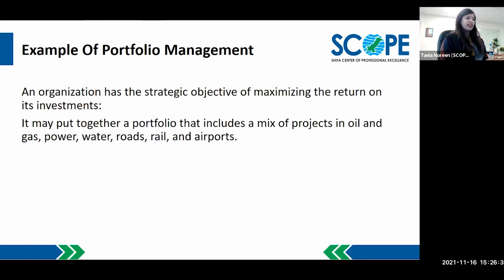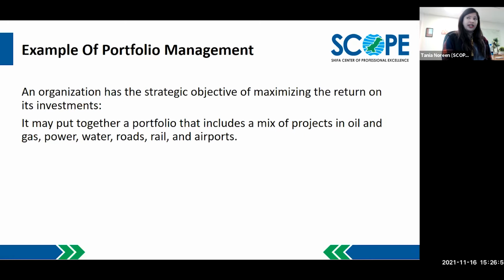So here, any example would you people like to add? Any example of portfolio management? We see portfolio management around us all the time.